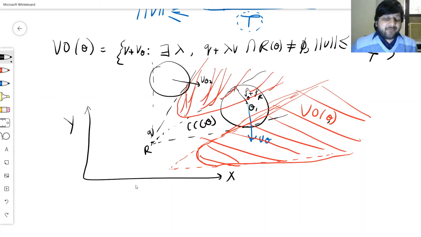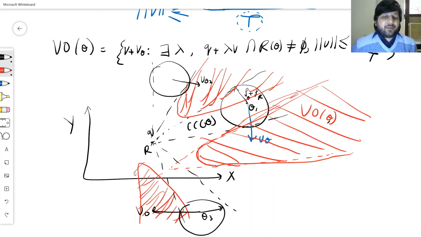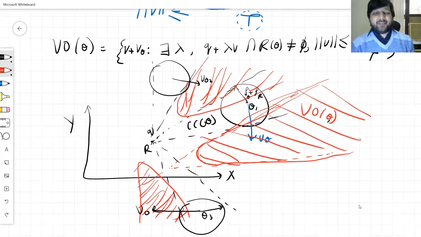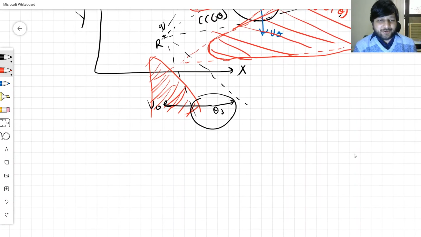And similarly, if I have a O3, this will be the collision cone. And say it's traveling at VO over here, so this becomes the collision cone. So anything in red is danger. Do not select your velocity vector like that. Anything in red is an absolute danger.